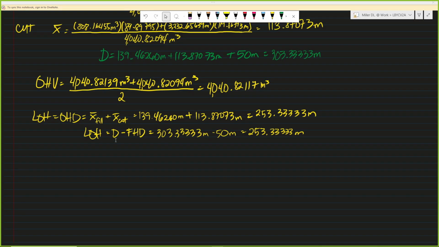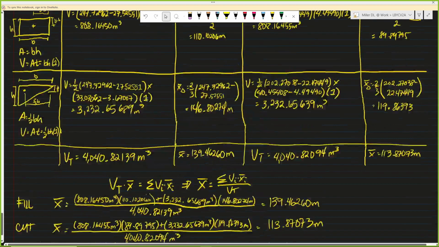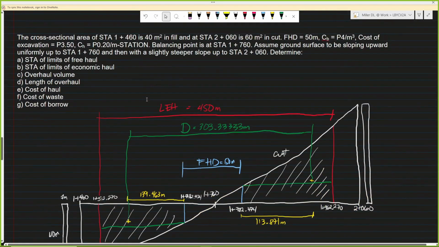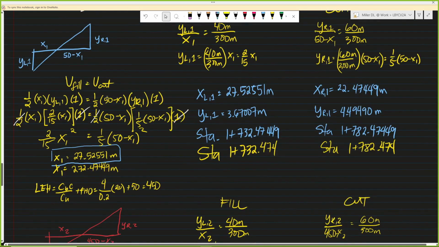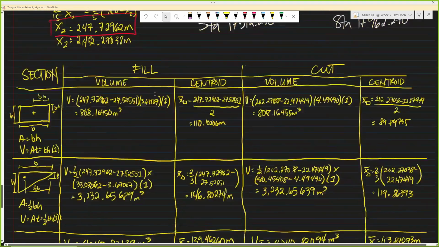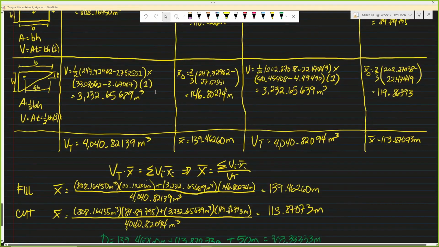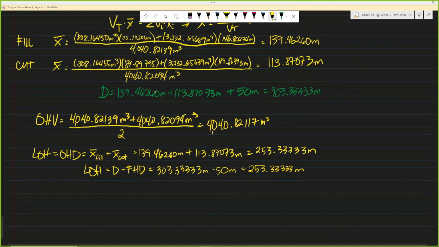Okay? So, with that, let's have our cost of haul. Sige. Before tayo cost of haul, compute muna natin yung mga volumes. Overhaul volume, okay na tayo dito. Pero yung volume ng waste tsaka volume ng borrow, yun muna yung isolve natin. Okay? So, volume of borrow.